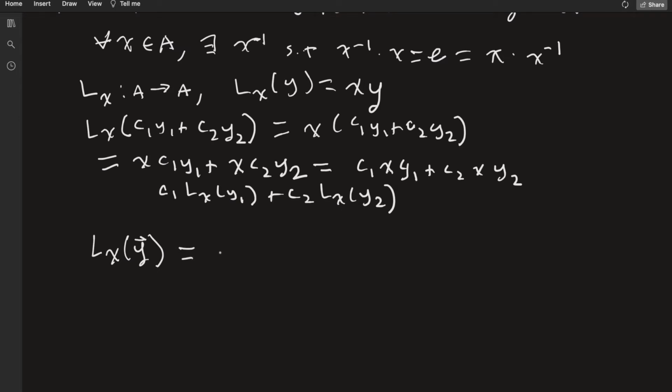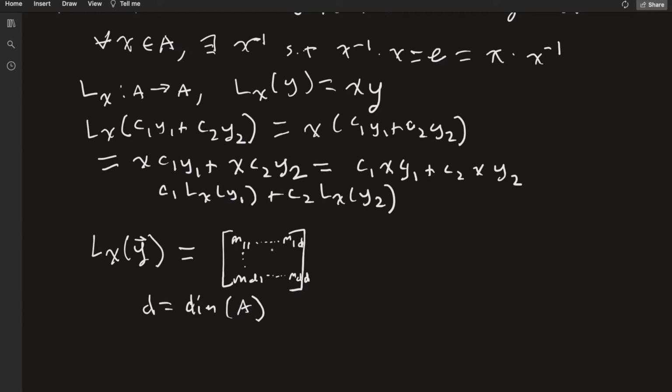So Lx of y is equal to this matrix filled with these entries m 1 1 all the way through m d d, where d is the dimension of the vector space associated with A, our algebra.